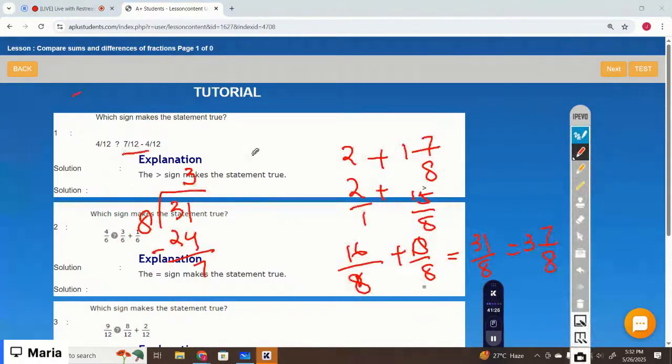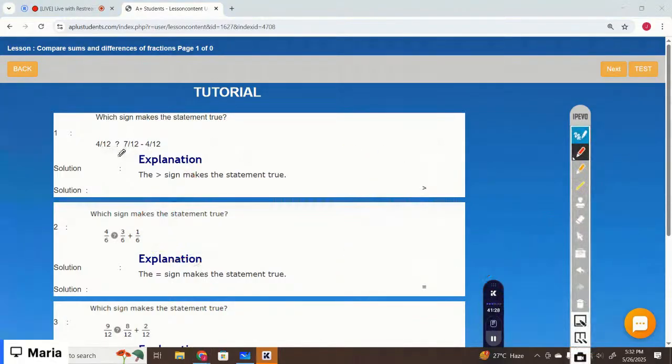But you have to solve this side because here you have the subtraction sign. So just solve 7 whole 1 by 2 minus 4 whole 1 over 2. 7 minus 4 is 3. And 1 by 2 minus 1 by 2 is 0. So just look at the whole numbers. 4 is greater. So 4 whole 1 by 2 is greater than 3.